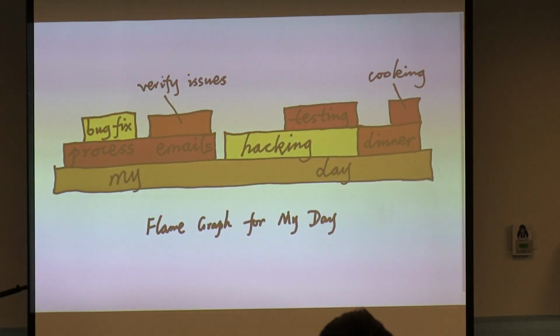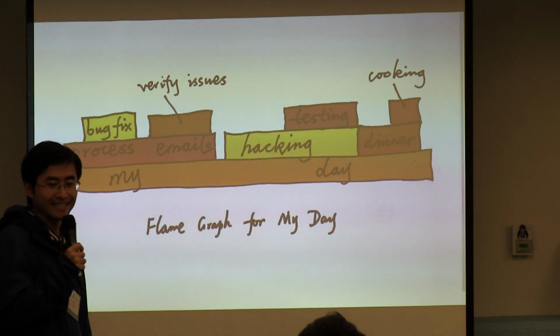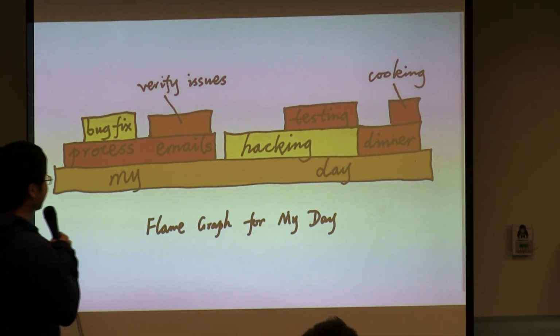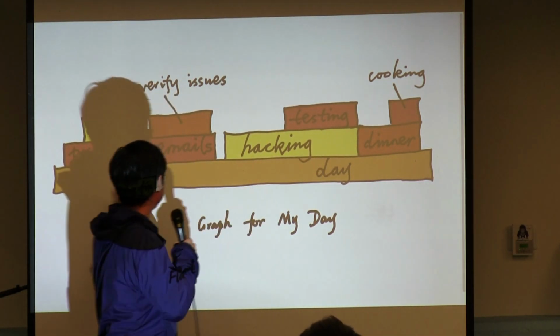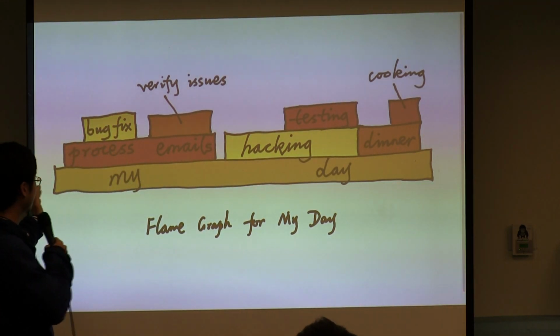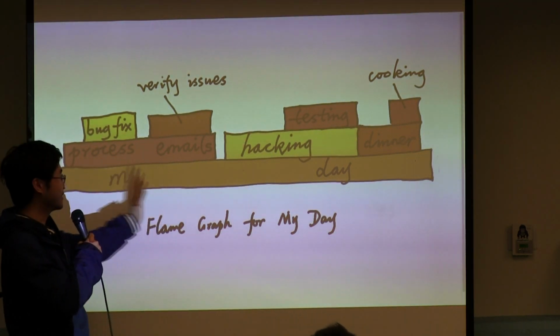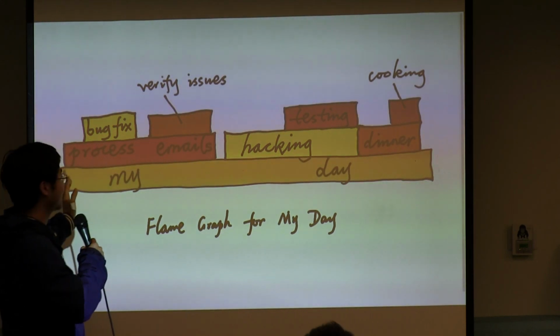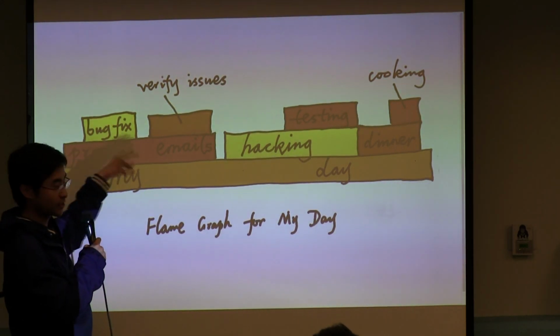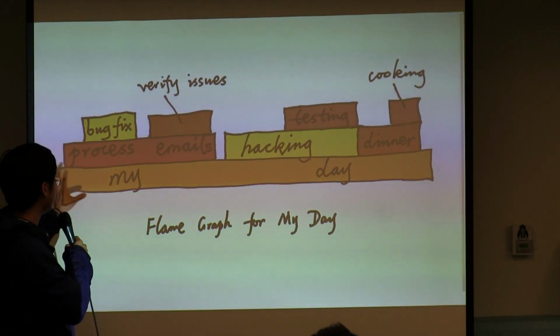So what is a flame graph? I mocked up a flame graph for my day. Basically, this is my day, 100%, right? The width of the boxes matters, but the colors don't. The colors are just chosen at random.